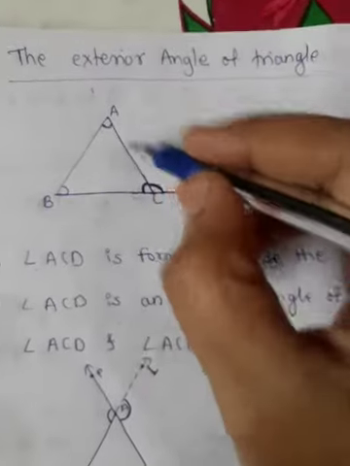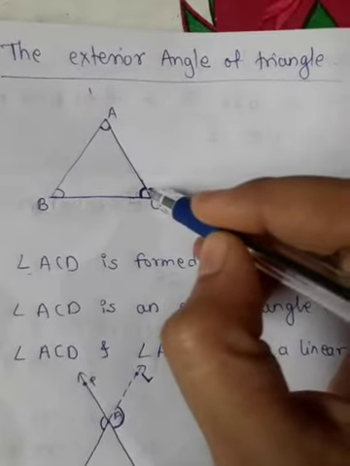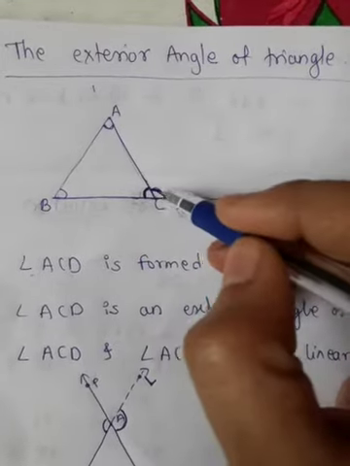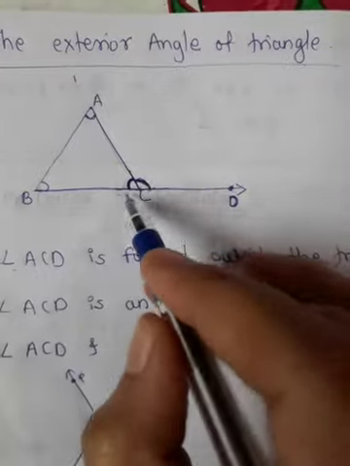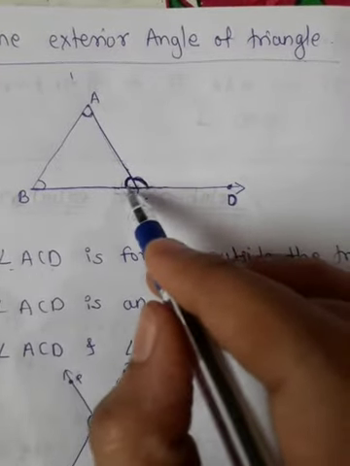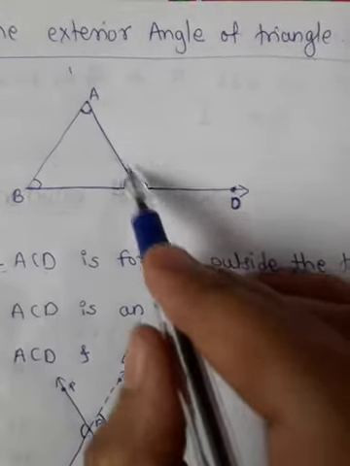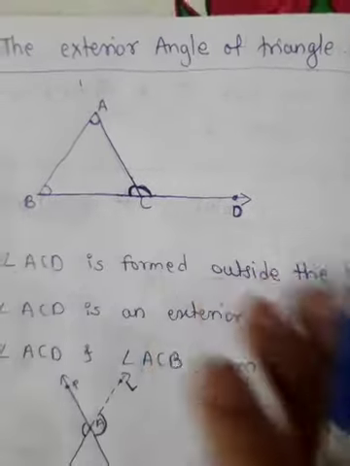So for an exterior angle, the most important condition is that the exterior angle must form a linear pair with its adjacent interior angle. Again see this figure. Angle ACD is an exterior angle and angle ACB is its adjacent interior angle, and these two form a linear pair. Therefore ACD is an exterior angle of the triangle.